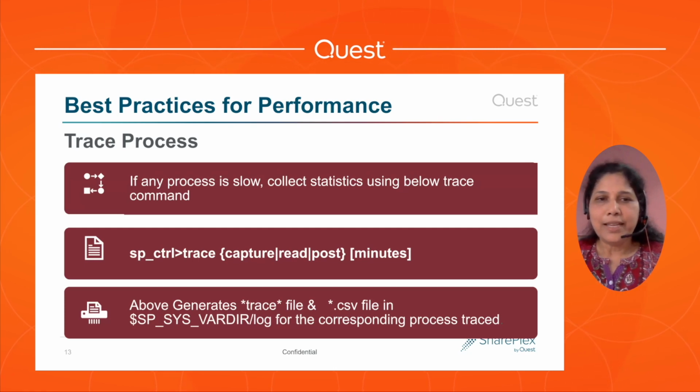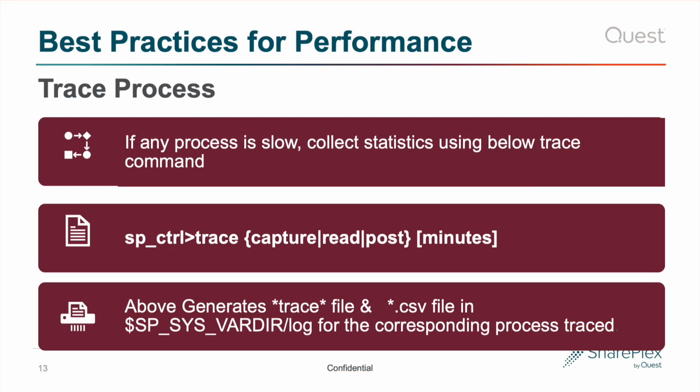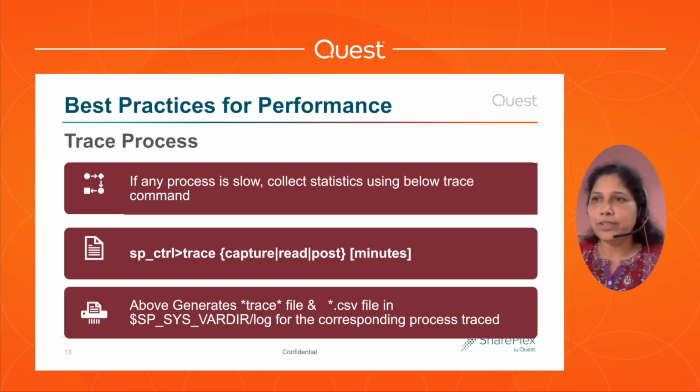At the end of the time period, it generates a trace file and a CSV file in the syswarder log directory for the corresponding process traced. And trace post output has a lot more breakdown. It provides the transaction rate, the operation rate, the transaction mix, the rollback mix, and it tells you whether the transactions are small or large, and it gives you a lot of information. You can use this information for tuning your system.